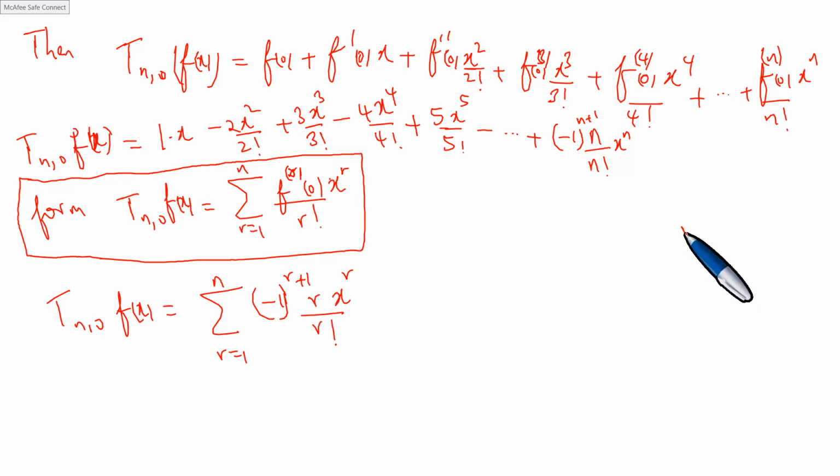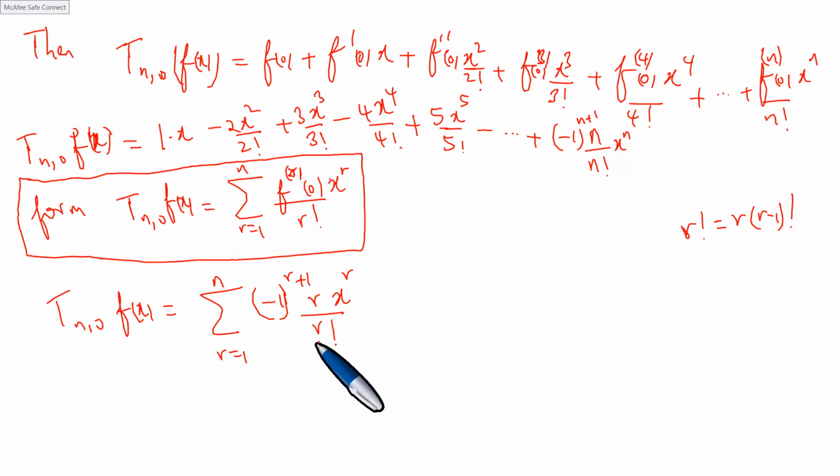We agree that r factorial is the same as r times (r minus 1), then r minus 2, and so on, which is r times (r minus 1) factorial.